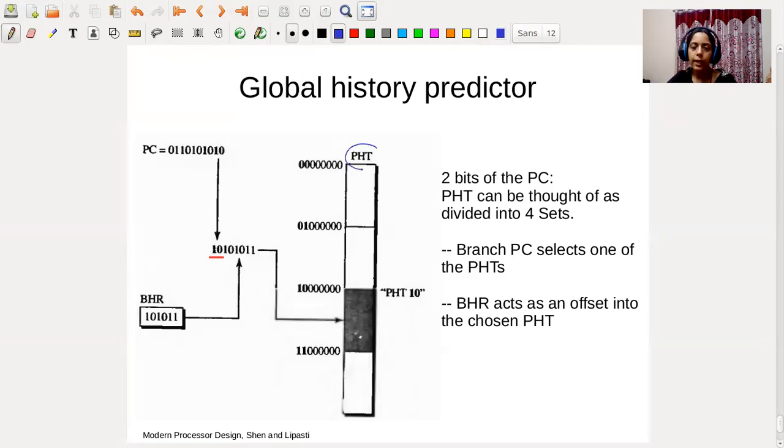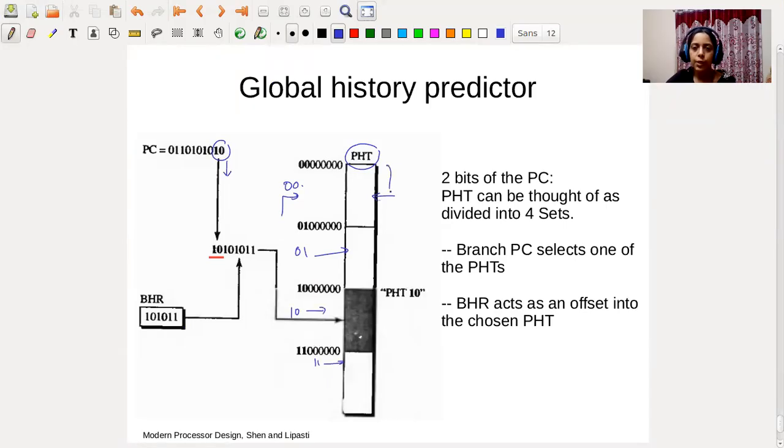You can divide the PHT into different sets or components. So if you have two bits from the PC, we can think of it as, for example, this is indexing into 0,0. If the PC was 0,0, it will index into the first part of the PHT. 0,1 will index into this part, then 1,0, and 1,1.